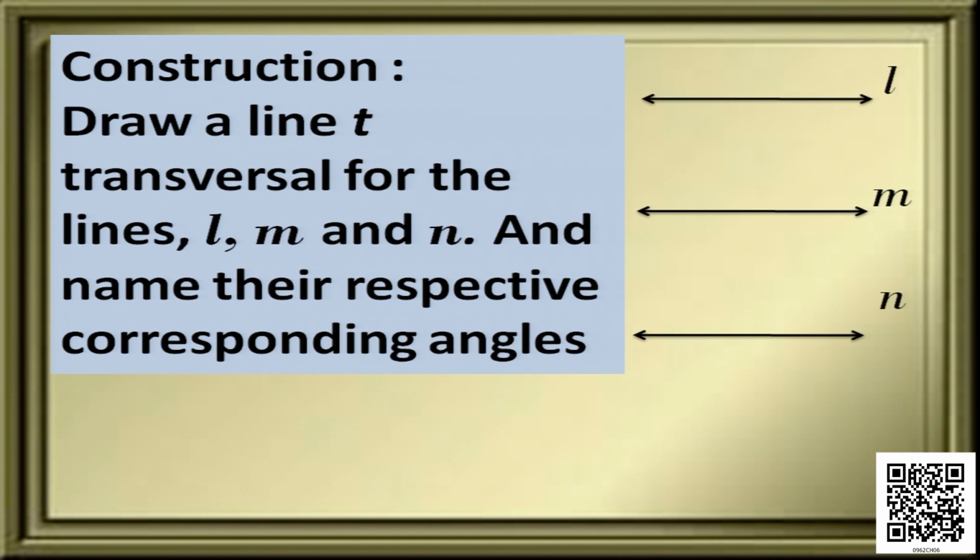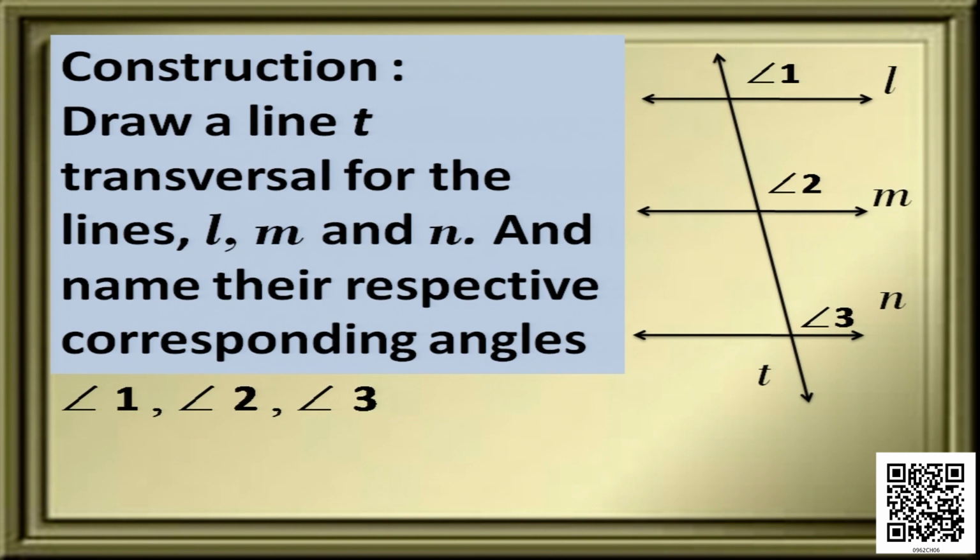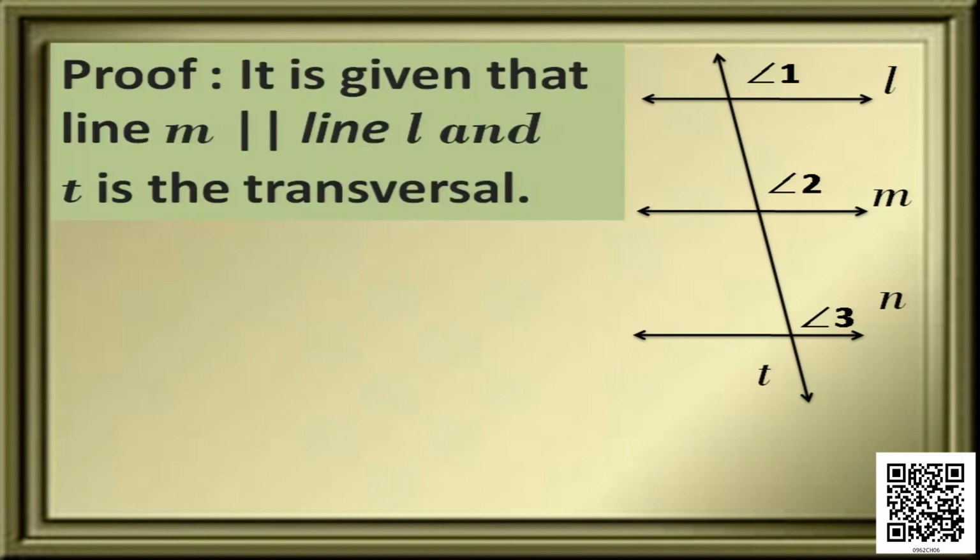Draw a line T as a transversal for the lines L, M and N, and name their respective corresponding angles as 1, 2 and 3. Then after naming these corresponding angles, let's see how to prove it.